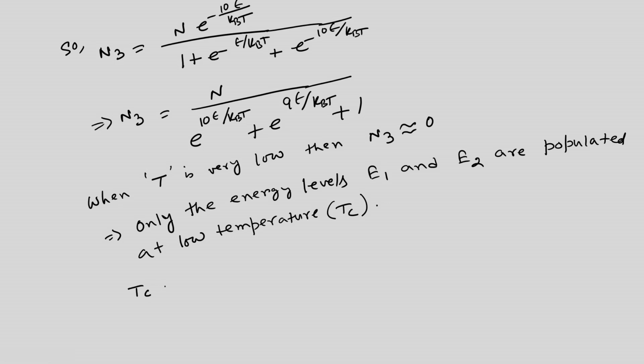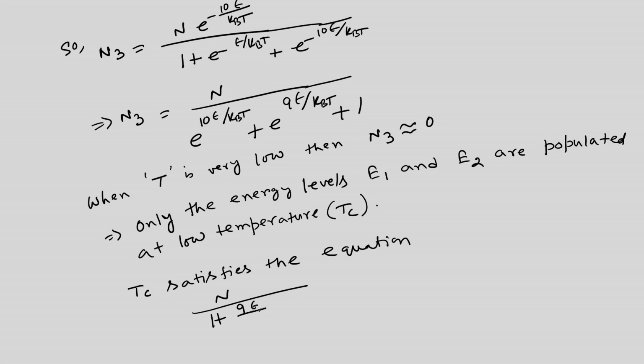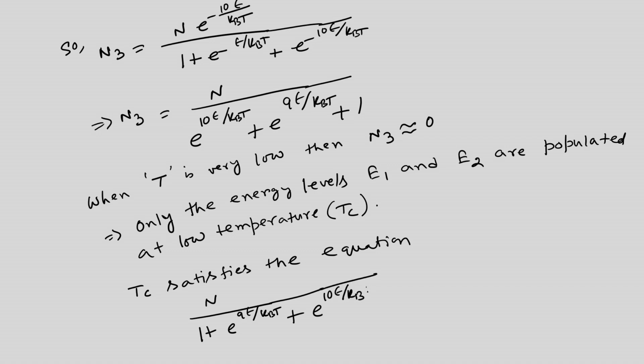So, Tc satisfies the equation N by 1 plus e to the 9 epsilon by kB Tc plus e to the 10 epsilon by kB Tc, and we consider that the lowest possible particle number is 1.